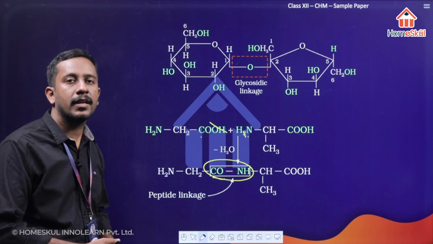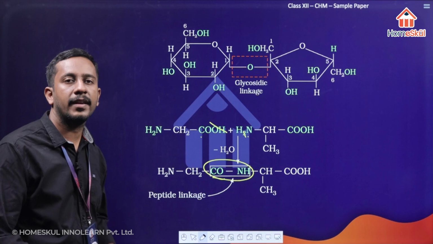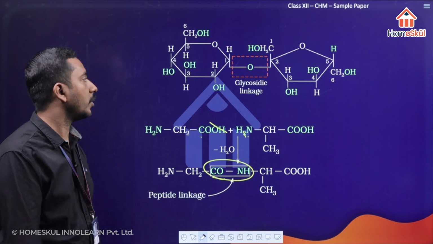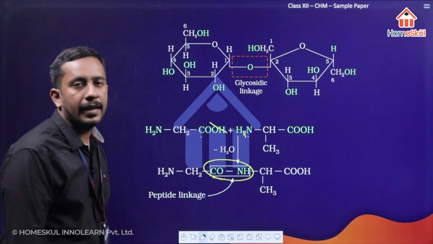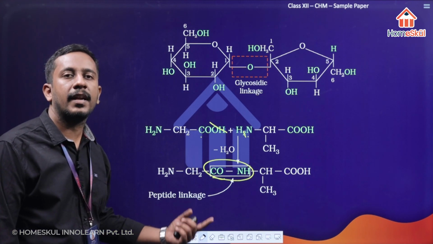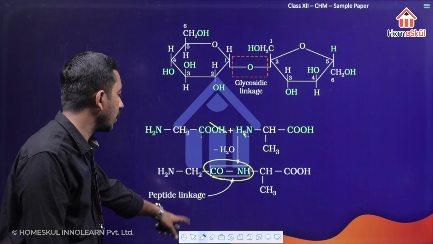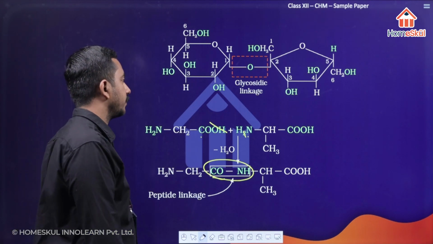This is called a peptide linkage, the CONH bond that occurs in polypeptides or proteins. These are the two important types of linkages. The first one, the glycosidic linkage, occurs in polysaccharides, and the second one, the peptide linkage, occurs in polypeptides or proteins.